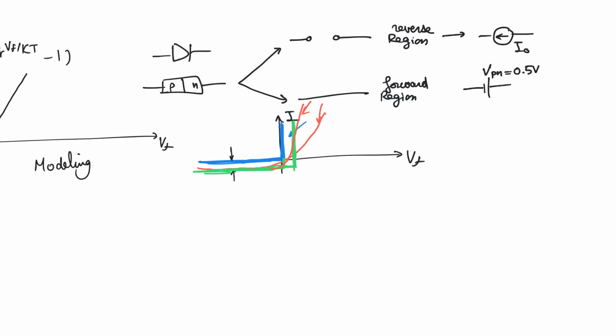We can add a slope perhaps by changing the model into a model that includes a resistance, a forward resistance, so that the diode is not a perfect short circuit in the forward direction, but has some kind of forward resistance.